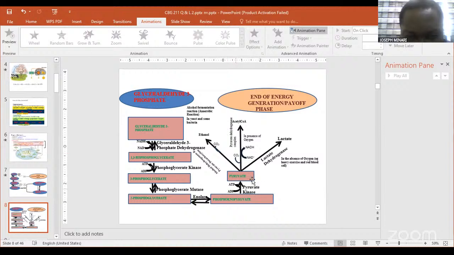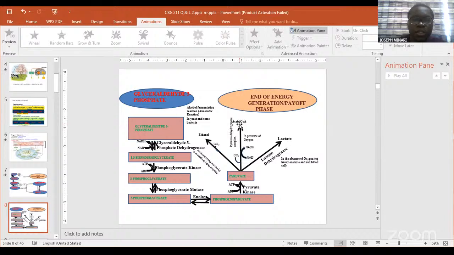Whereas in the presence of oxygen, the fate of pyruvate is different. The journey proceeds to acetyl-CoA through the pyruvate dehydrogenase complex, with NAD being reduced to NADH and CO2 being released. You have acetyl-CoA, and this reaction leads into another pathway that we are also going to consider.